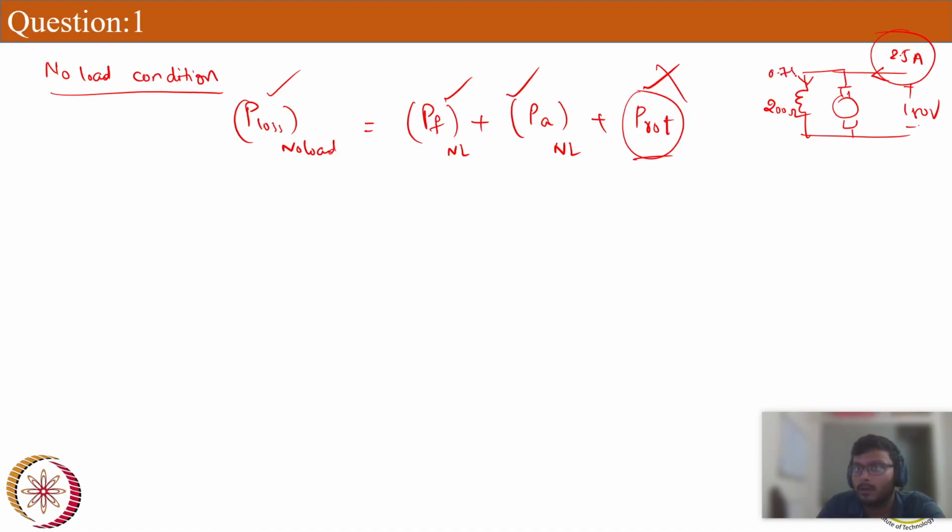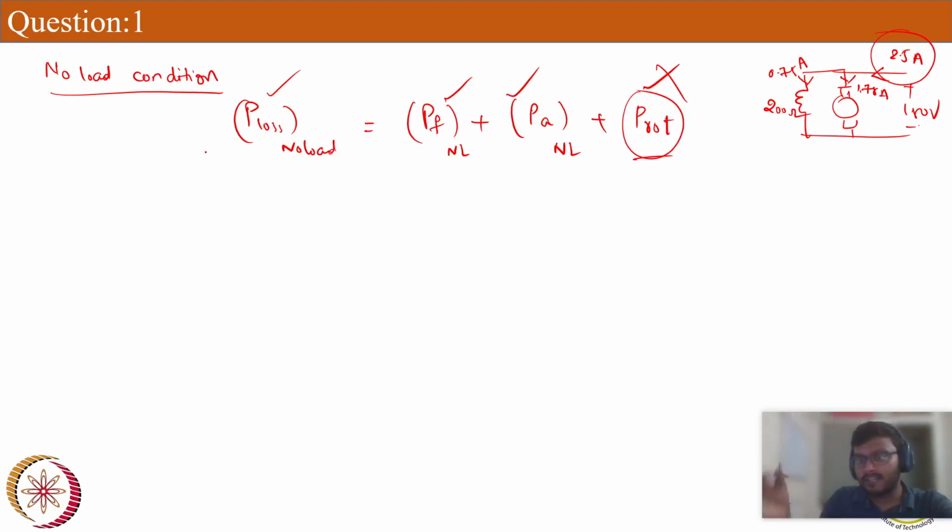It is 0.75 amps through the field, and the remaining current is 2.5 minus 0.75, which is 1.75. So 1.75 amps is flowing through my armature. This is under no load condition.